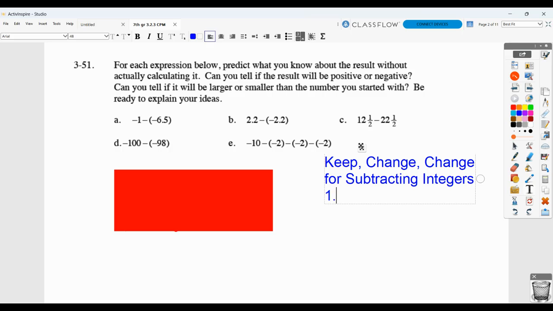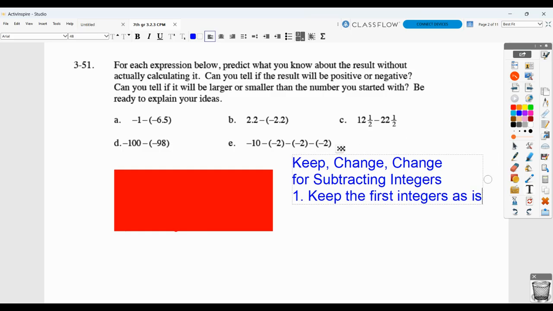Well, the first keep is keep the first integer as it is. Meaning don't make any changes to it. Leave it as it is. The second, the change, is change subtraction to addition.